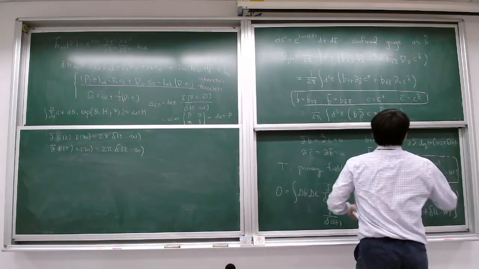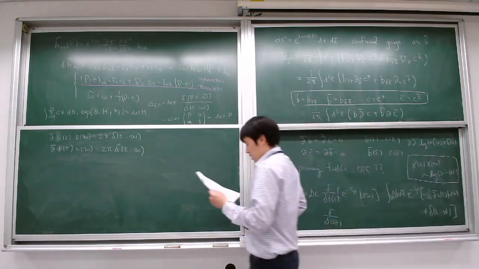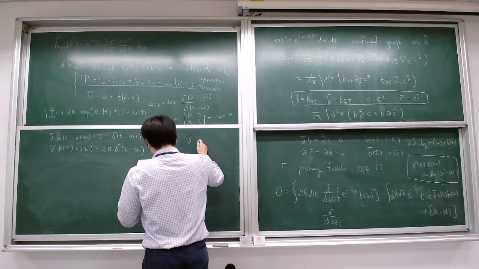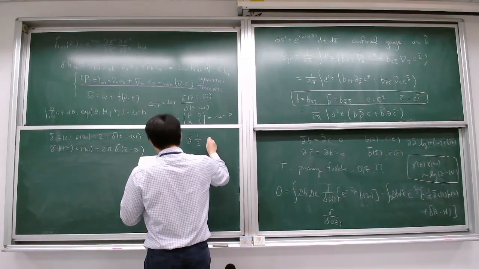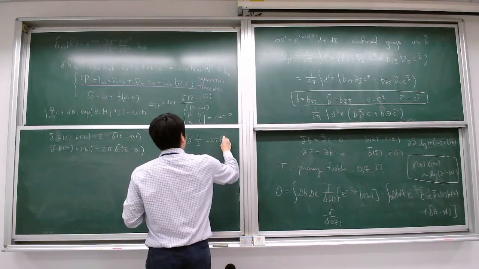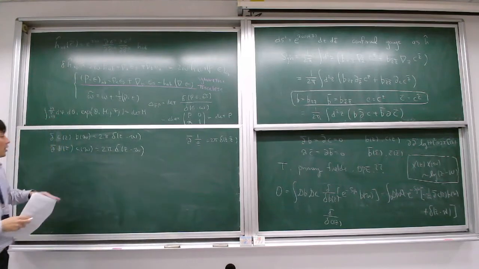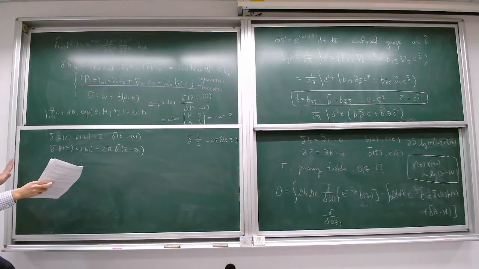Once you apply the holomorphic derivative, what you get is del bar 1 over z has to be 2 pi delta function.